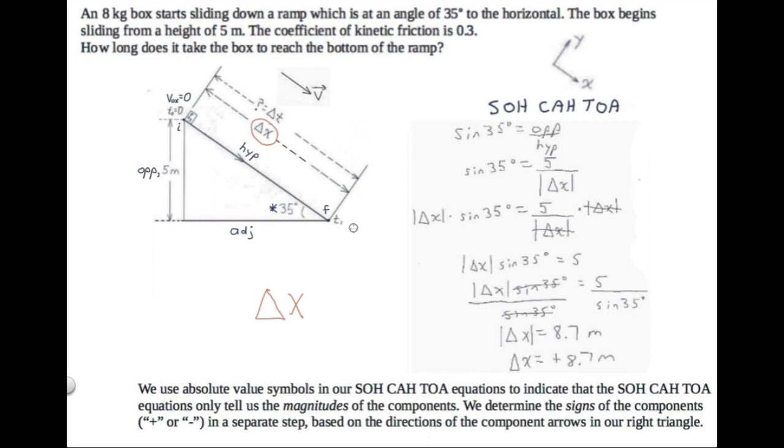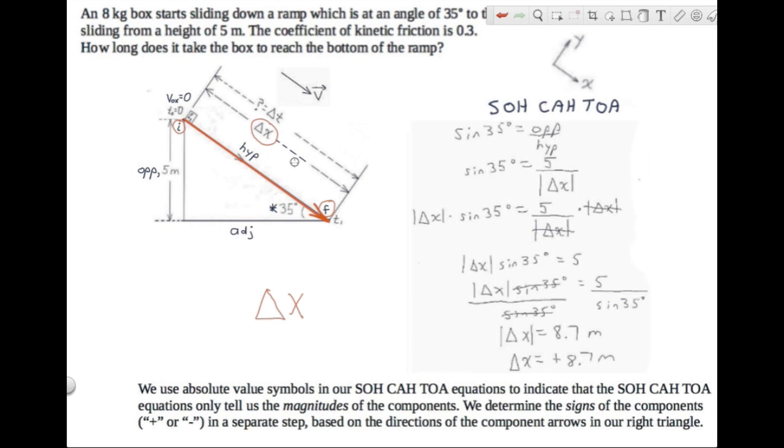We need to begin by determining what distance in our sketch represents delta x. Well, what does delta x stand for? Delta x stands for the x component of the displacement between our initial point and our final point. The object is being displaced from this initial point to this final point.